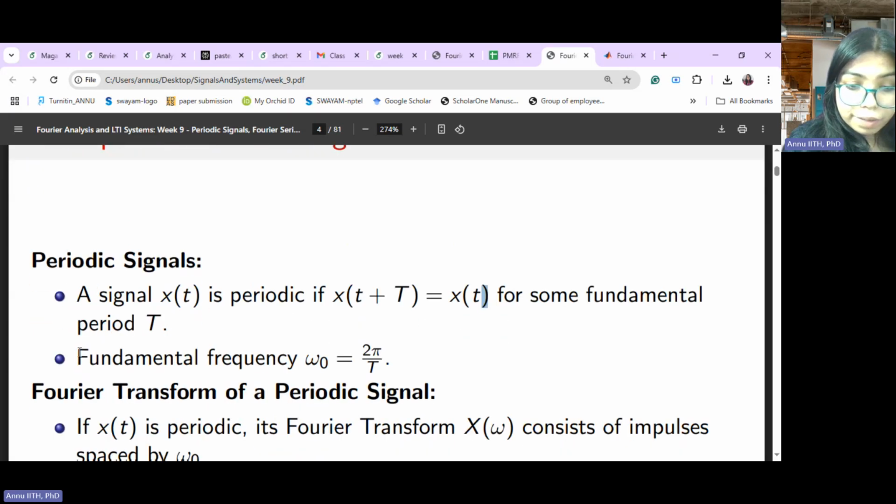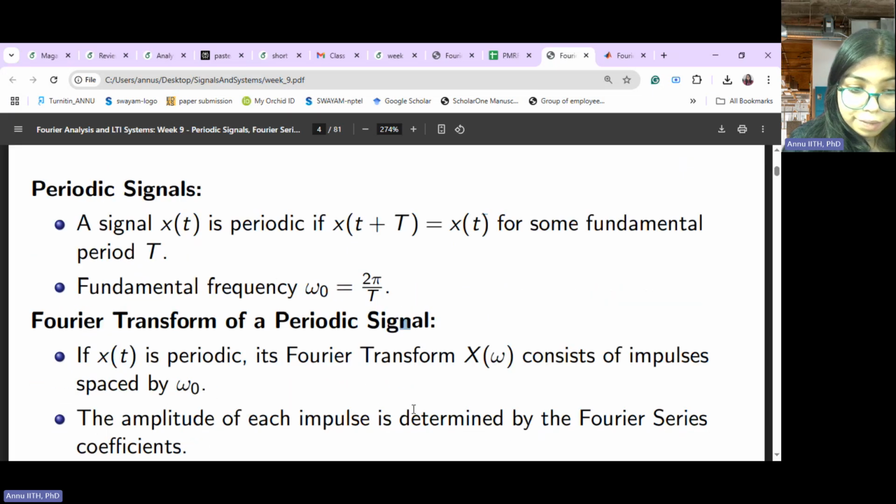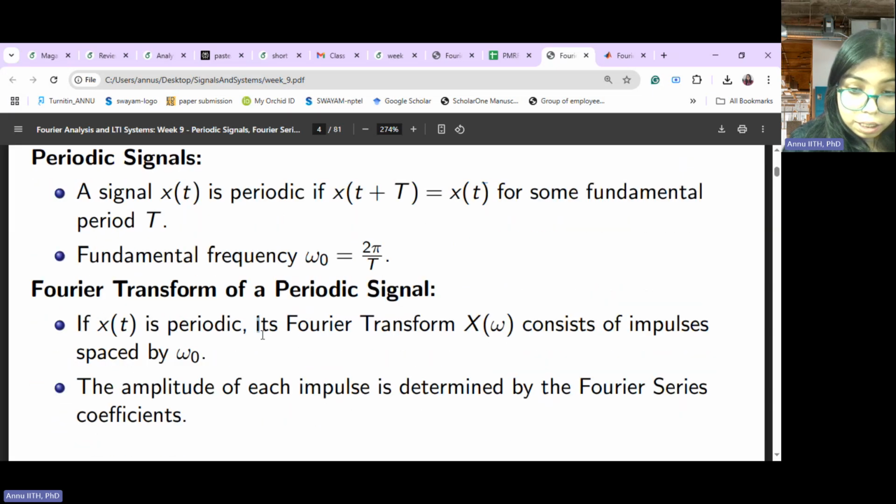So the fundamental frequency omega naught equals 2 pi by T, and the Fourier transform of a periodic signal is, if x(t) is periodic, its Fourier transform X(omega) consists of impulses separated by omega naught. The amplitude of each impulse is determined by the Fourier series coefficient. So what I am trying to say is, we have seen the Fourier transform so far.